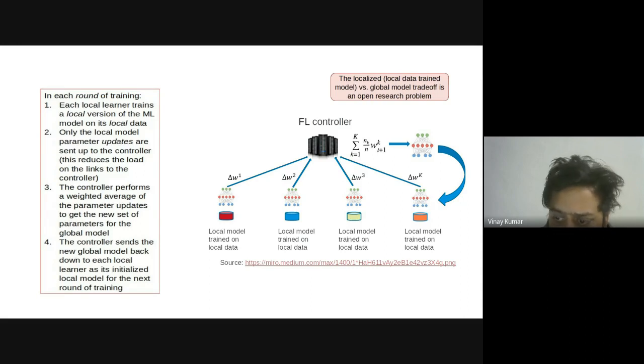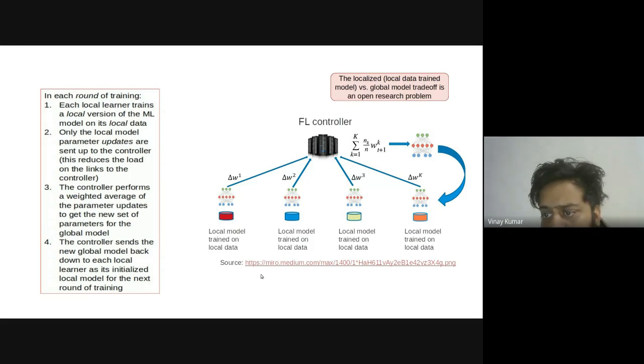Sorry, this is a horizontal federated learning architecture, where we have some components. The first one is the federated controller here. You can see that this is a centralized architecture. This is the federated controller, and there are some local models.